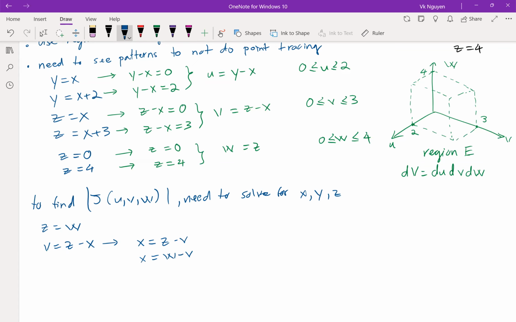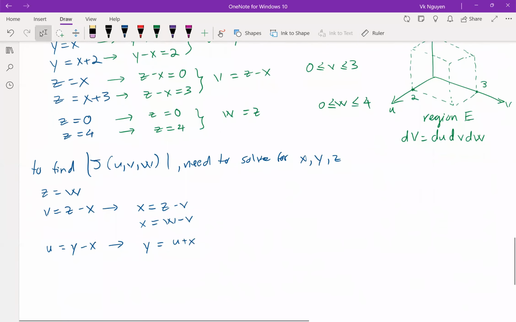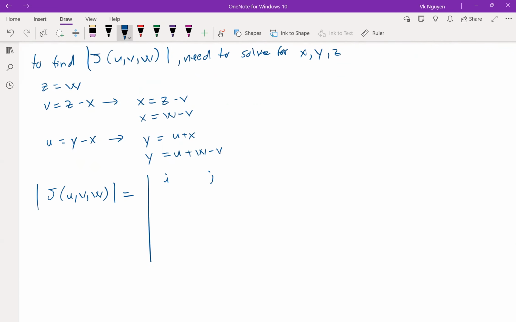Okay, that's good. Another piece of information is that u is equal to y minus x, so y is equal to u plus x. y is equal to u plus w minus v. i, j, k.